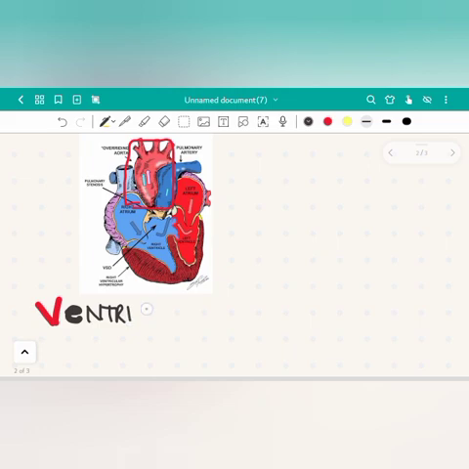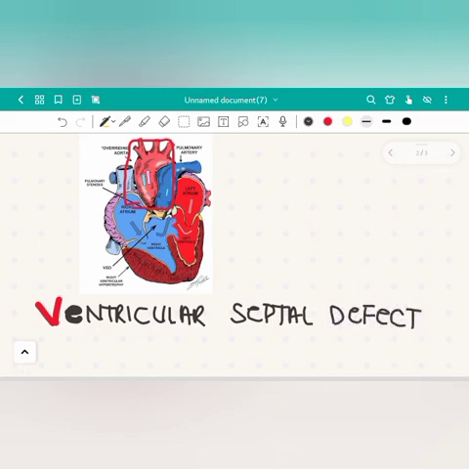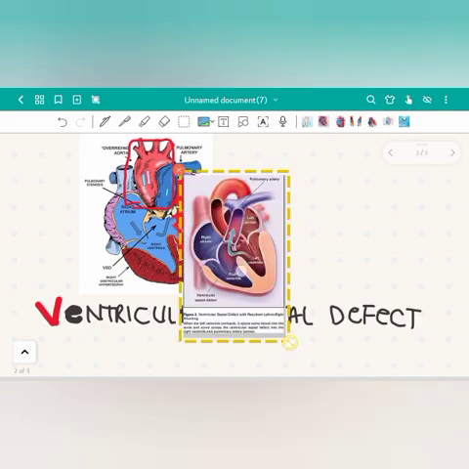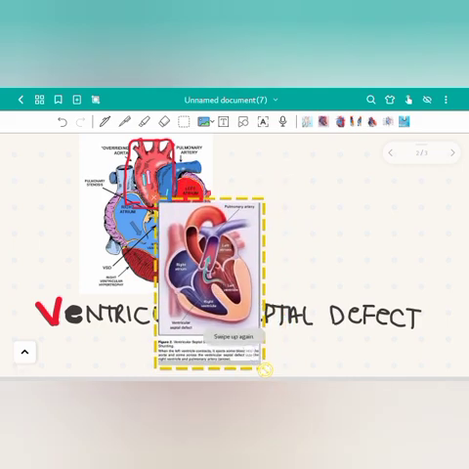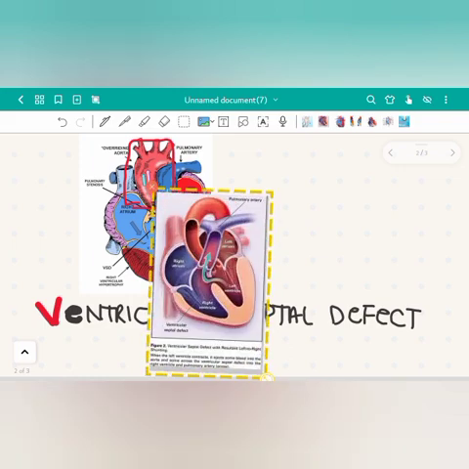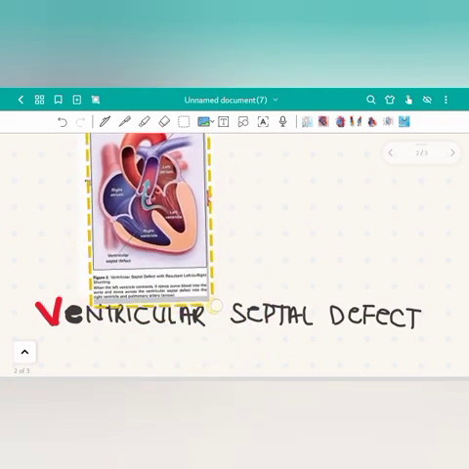Septal means it is an opening. So, in the ventricles, there is an opening between the left and right ventricles. And because of this opening, there is mixing of oxygenated and deoxygenated blood.